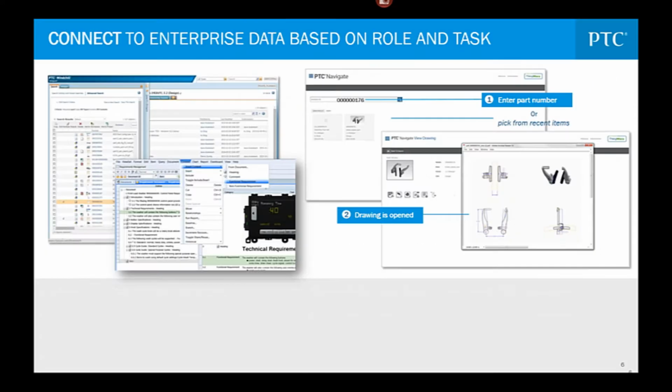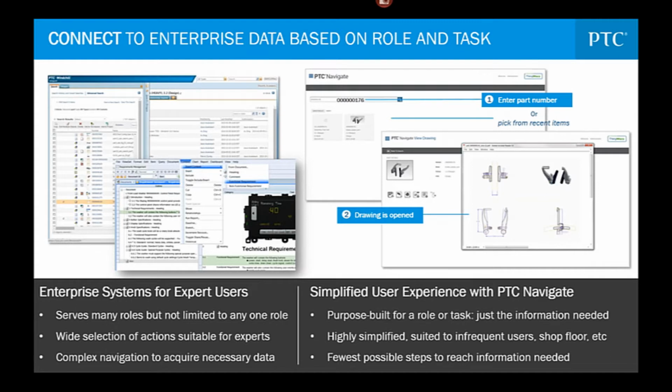So if you think about some of the enterprise systems that we have today, these are very powerful systems, but just like Peter said, they tend to be focused solely in engineering. And so if you've got somebody on the manufacturing floor or somebody in purchasing who needs product information, it often means that they have to go to a person with the expertise to navigate those systems, who's trained in those systems, and who gets the right information in the right way for that particular user.